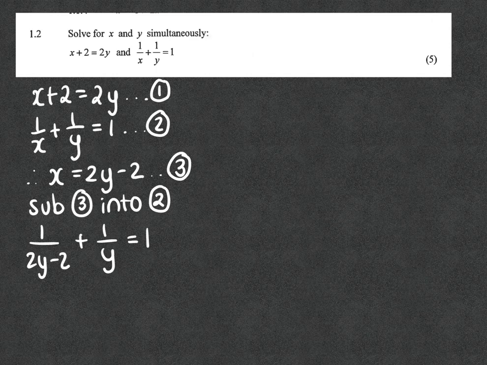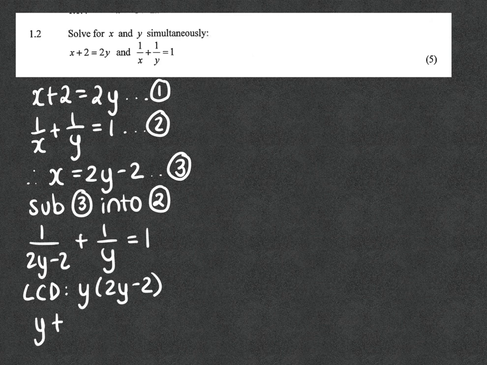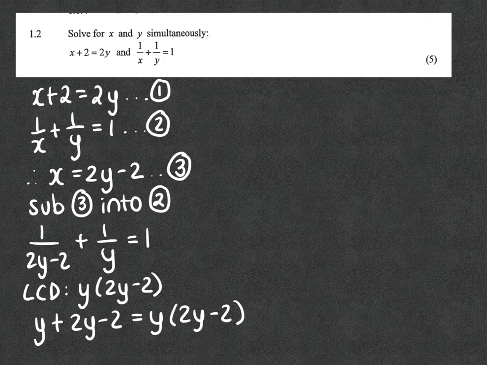Our LCD in this case is going to be y(2y - 2). So we apply our LCD: y + (2y - 2) = y(2y - 2).